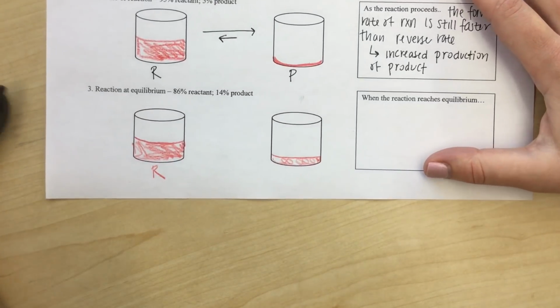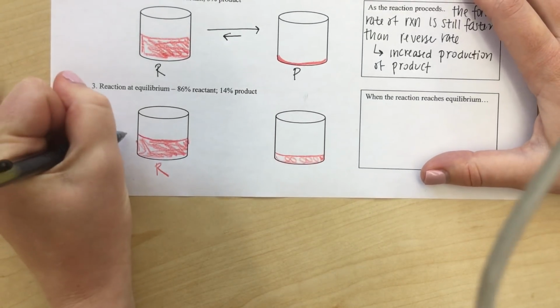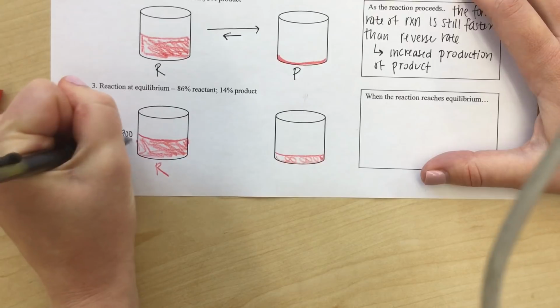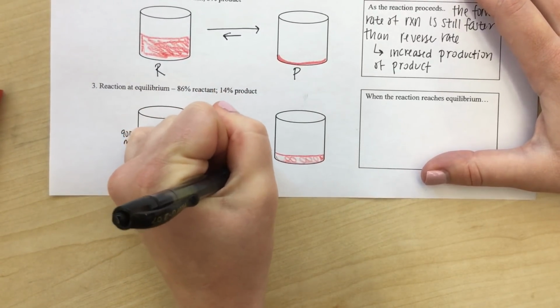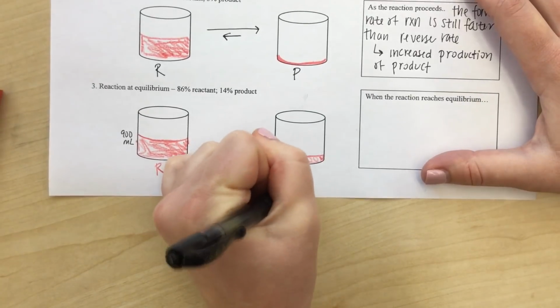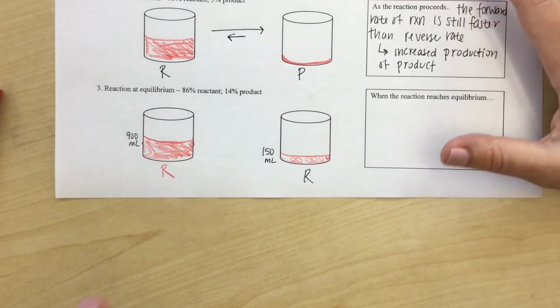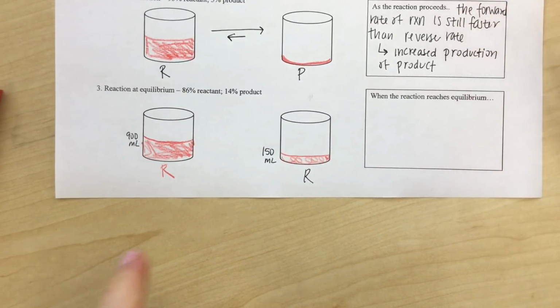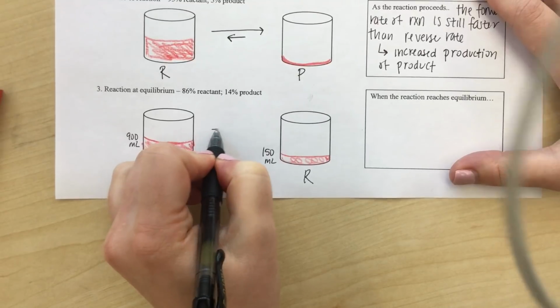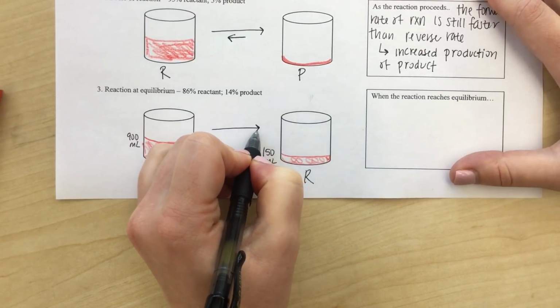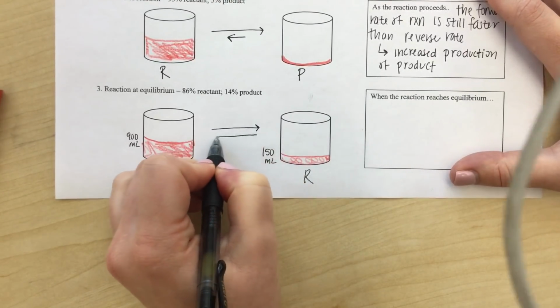And I just got those numbers by looking at how many milliliters I had. I had about 900 milliliters in my reactant vessel and about 150 milliliters in my product vessel. And at this point, when our reaction reaches equilibrium, as you can see in the demo, I'm transferring the same amount. So my rate of reaction is the same in the forward direction and in the backwards direction.